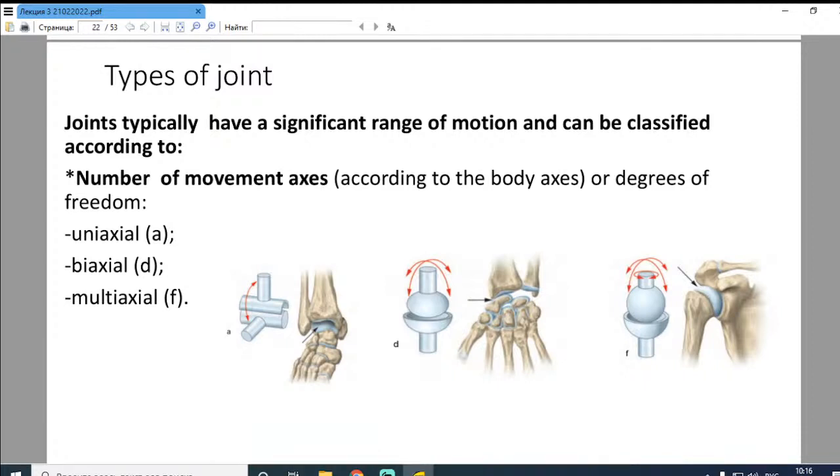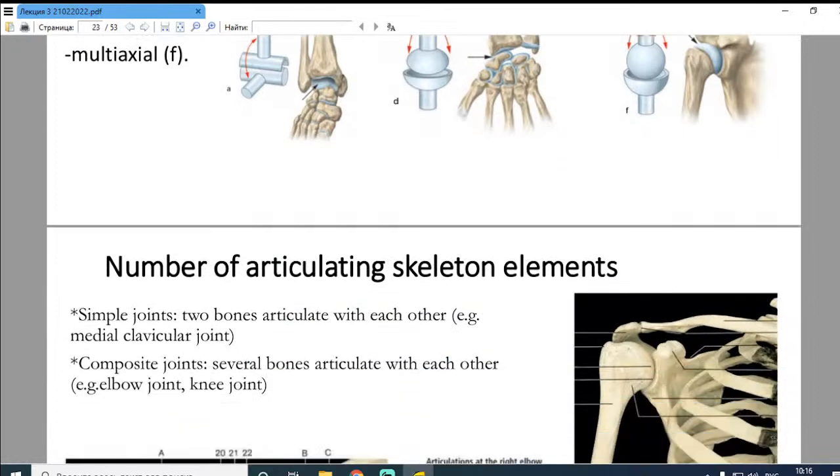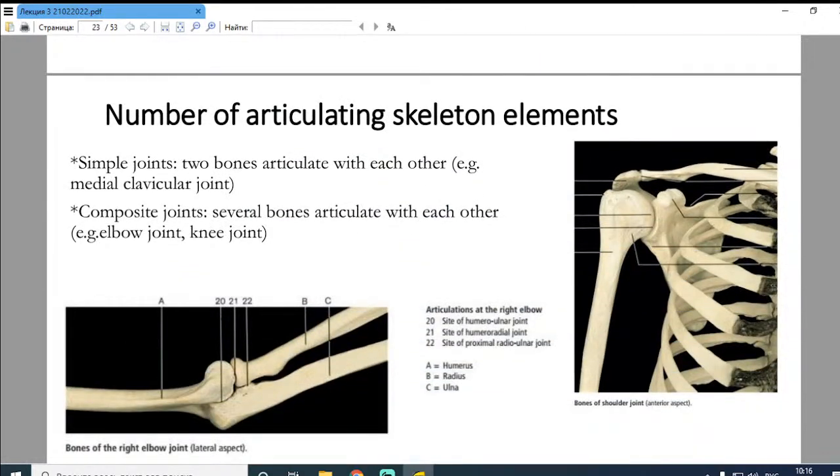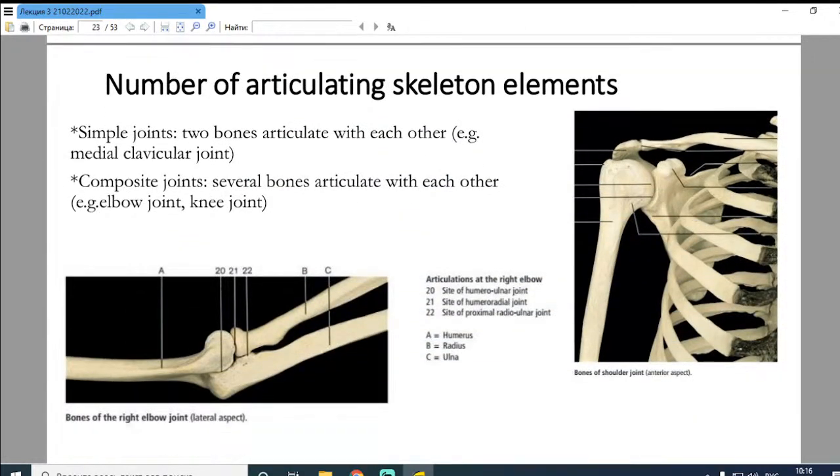Independent of the number of movement axes: uniaxial, biaxial and multiaxial. By the number of articulating skeleton elements: simple joint, composite joint.